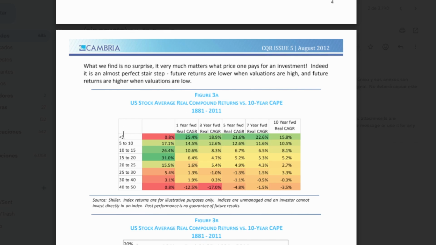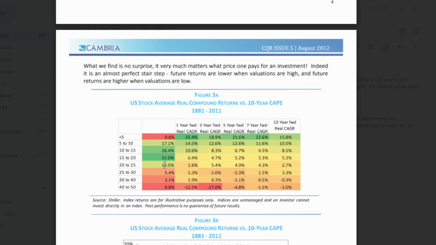On your left column, you have the cyclical adjusted price to earnings ratio classified in blocks of 5: below 5, between 5 and 10, between 10 and 15, and so on, and finally between 40 and 50. Then in the second column you have the probability of each reading. Below 5, it's below 1% chances.